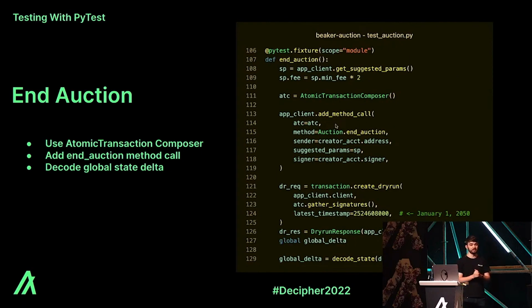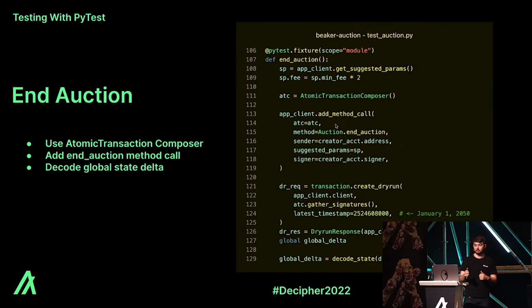And what this basically does is create a template of a transaction that is executed against the current state of the blockchain, but it's not actually added to the ledger. So what we're basically doing is simulating what this transaction would actually do if we were to send it to the network. And one of the nice things we can do during this dry run is specify the latest timestamp.